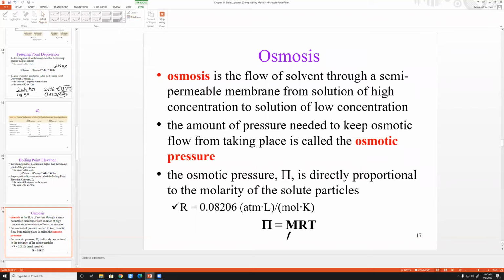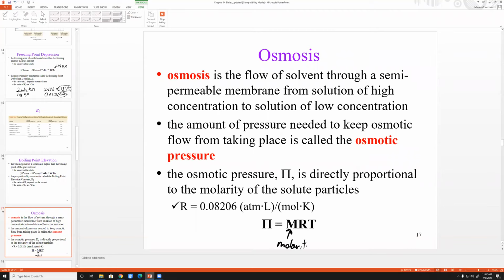So in this case, the molarity determines the osmotic pressure. The higher the molarity, the higher the pressure of osmosis. So if you have a high concentration, there's going to be a lot of pressure to relieve that high concentration with another part of the mixture.